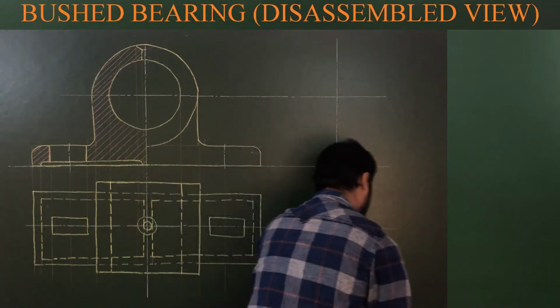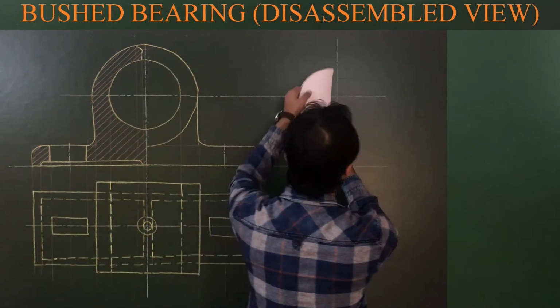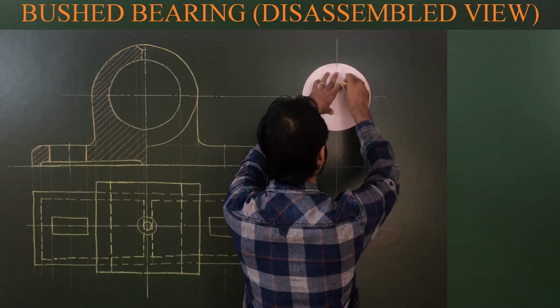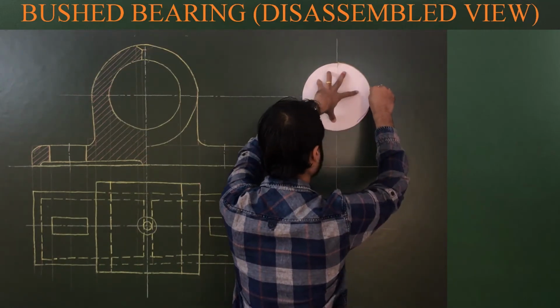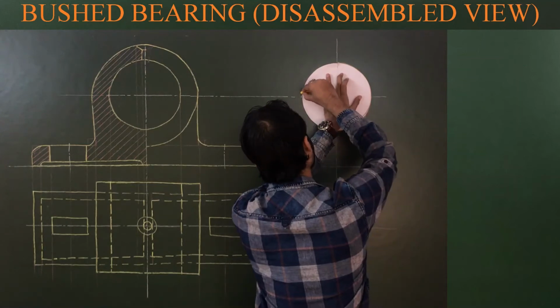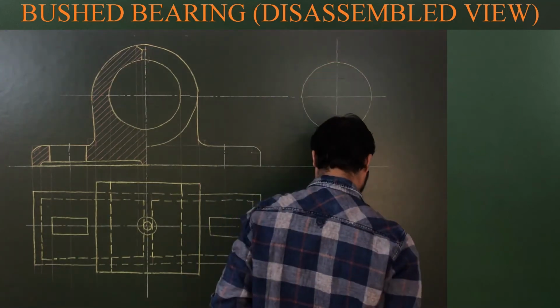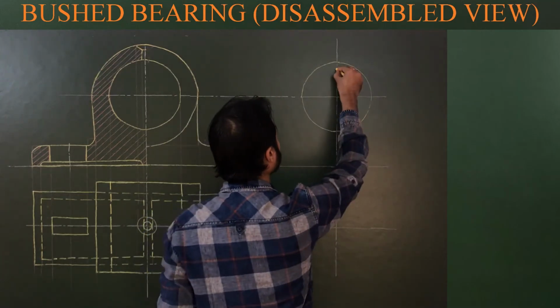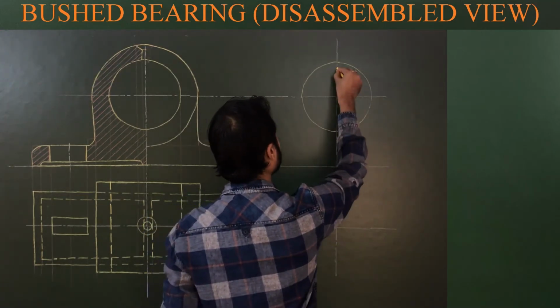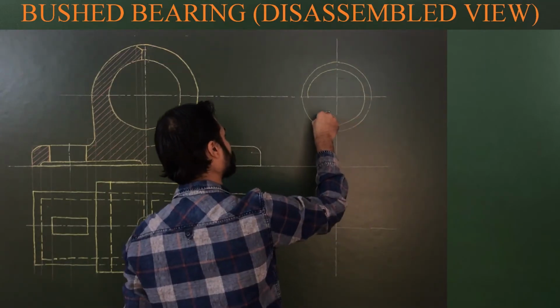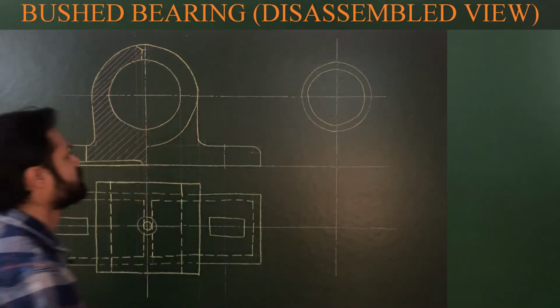Okay, now draw the first circle of diameter equal to the external dia of the bush, and the second circle equal to the internal dia of the bush, like this.